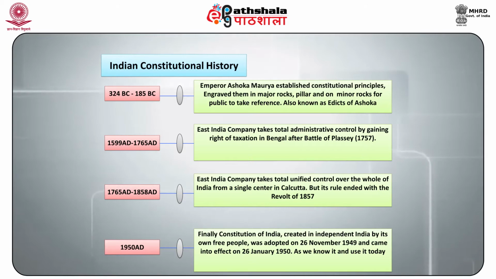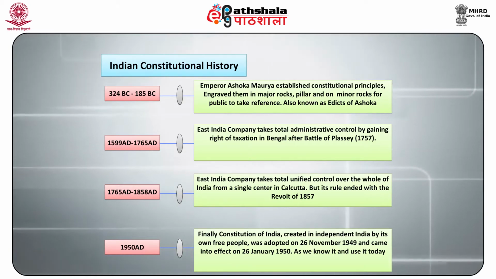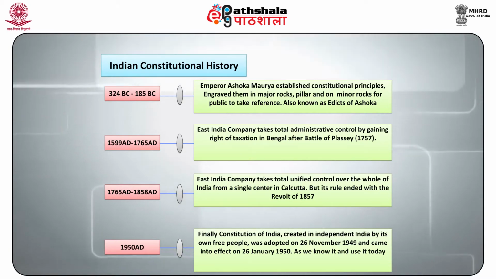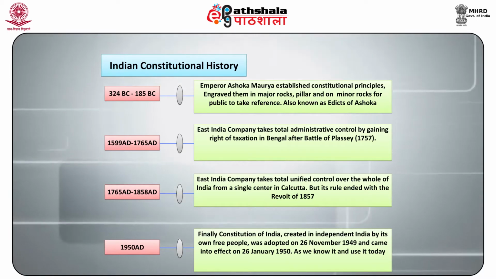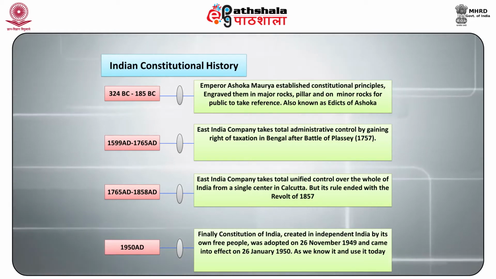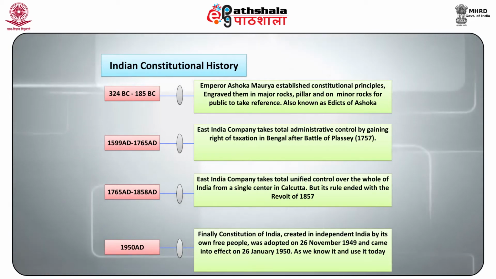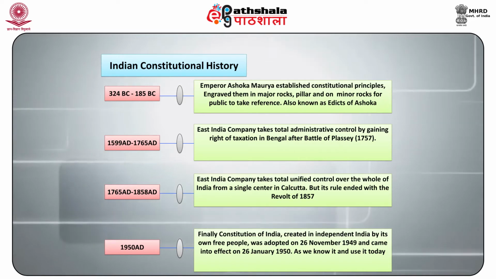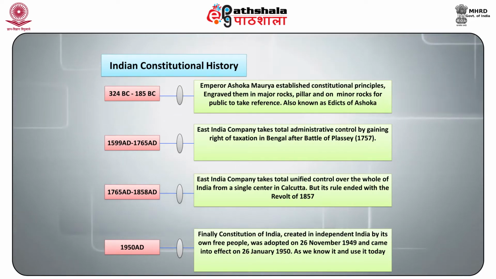Second phase: East India Company, from 1599 AD to 1765 AD. East India Company takes total administrative control by gaining the right of taxation in Bengal after the Battle of Plassey in 1757. Then the third phase came from 1765 AD to 1858 AD. It was again of East India Company.